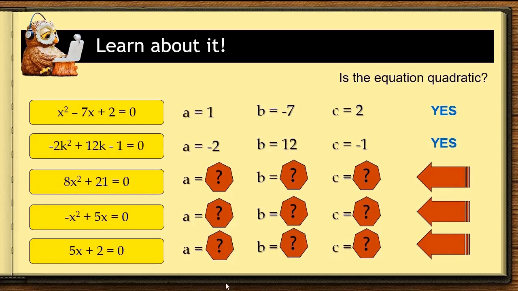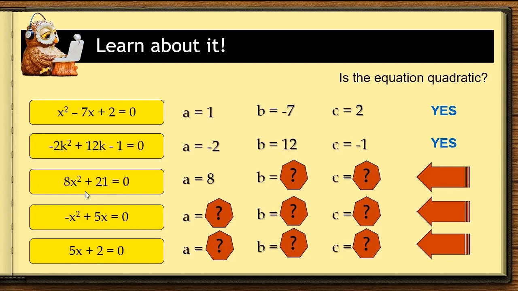Let us move on with the third example. Can we still prove that 8x squared plus 21 equals 0 is a quadratic equation? We can do that if we find the values of a, b, and c of the equation. In this example, the quadratic term is 8x squared. It means that the coefficient here is 8, so the value of a is also 8. How about the value of b?